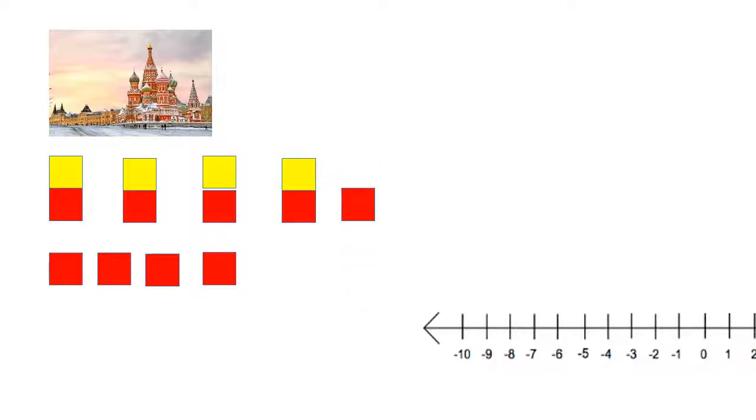So what happens is that the temperature reduces by 2 degrees Celsius. So we're subtracting 2 degrees Celsius. So we're subtracting 2 of the positives. And that leaves us with -6, as you can see with the 6 red tiles on their own.